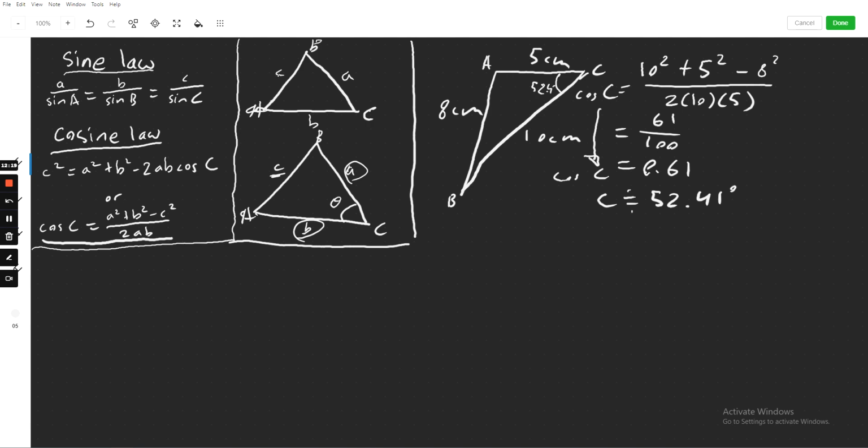Okay, so we could do sine 52.41 over 8 is equal to sine A over 10, which is equal to sine B over 5.